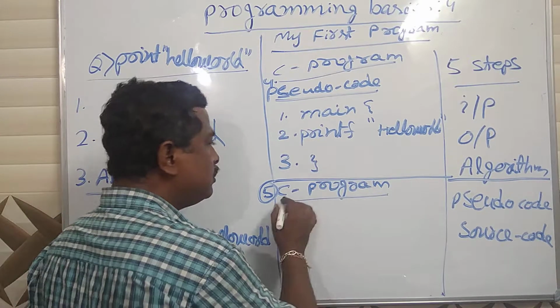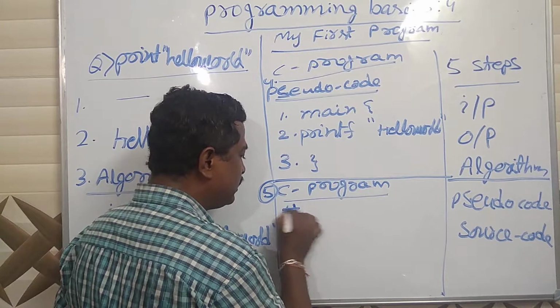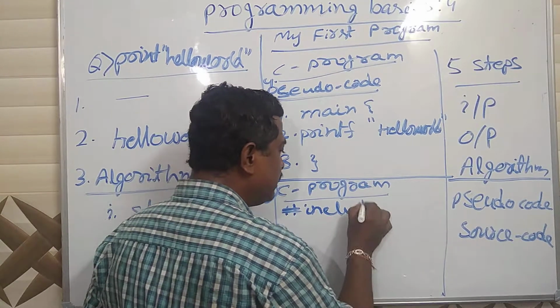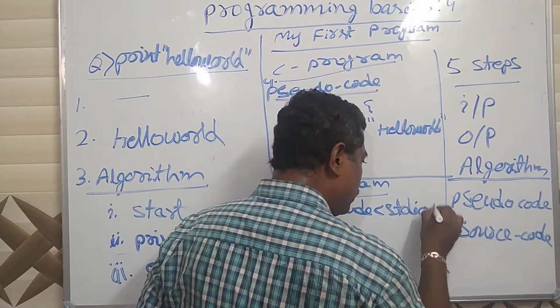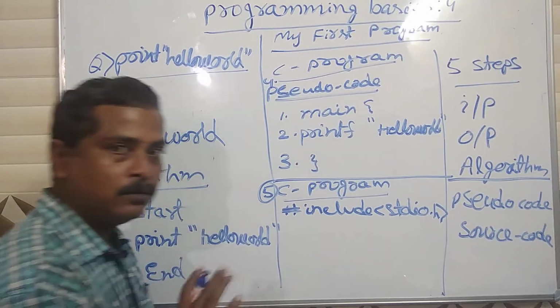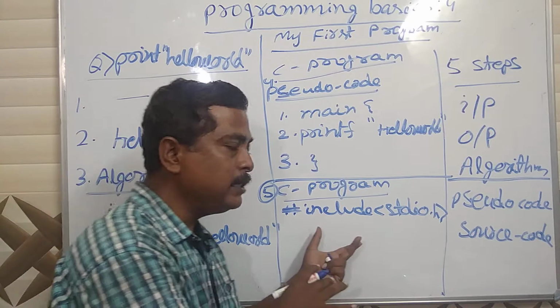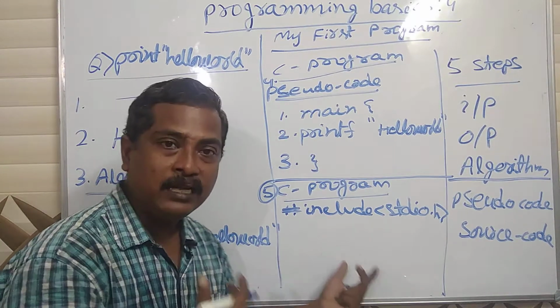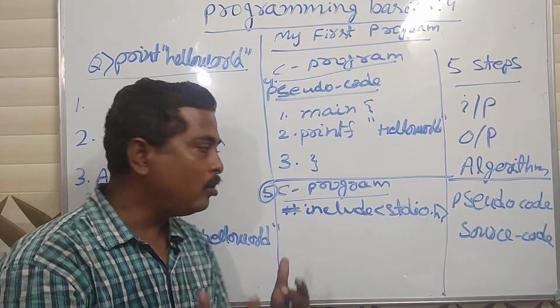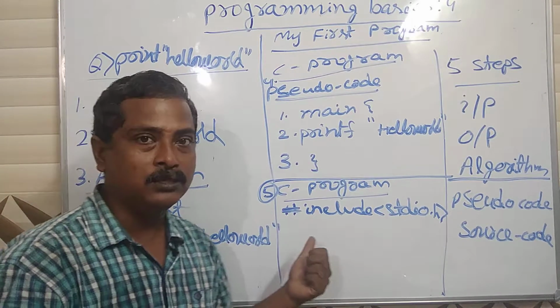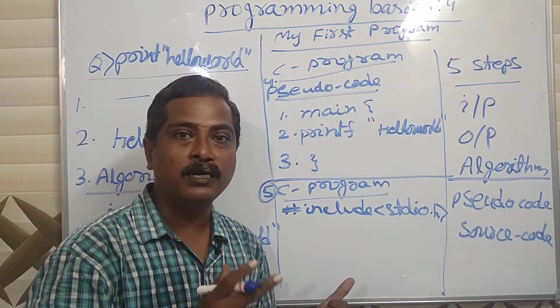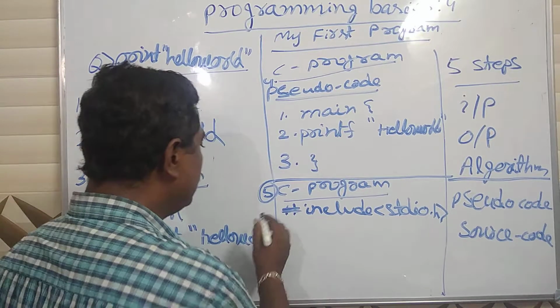So the C program format is: first there is a header file, include stdio.h, which you have to include, no alternative. What are the other header files we require? All these things we will go through. As I told you, don't focus on the language, focus on the programming part, that is the body of the program.